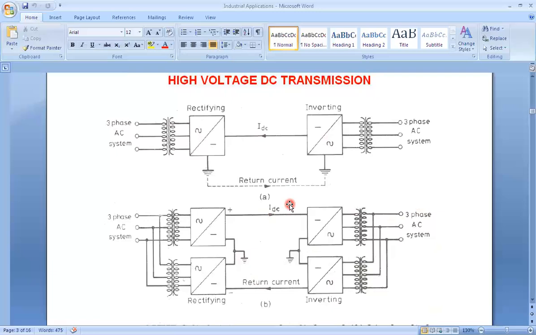So from this we can say that the bipolar system of HVDC is more reliable than the unipolar or monopolar system. So this bipolar HVDC line is more commonly employed. This is the application of power electronic circuits in HVDC transmission system.